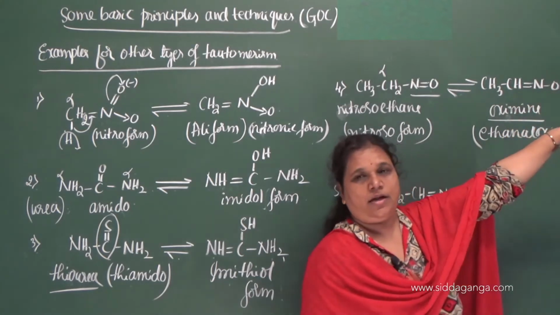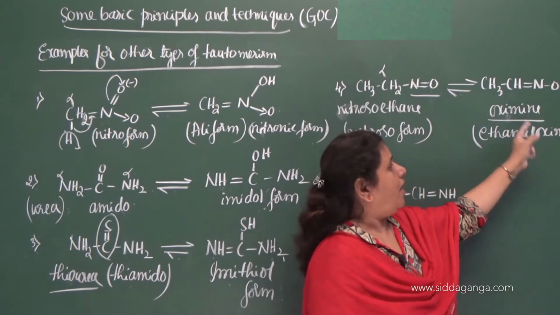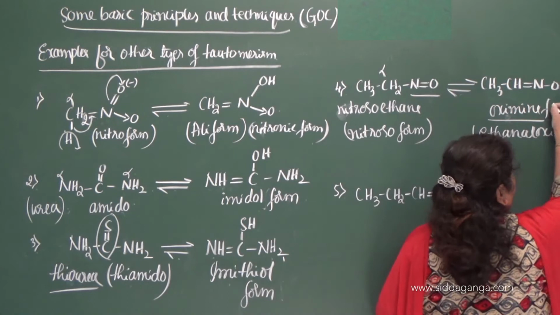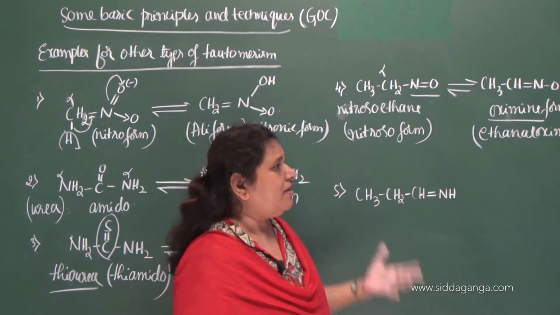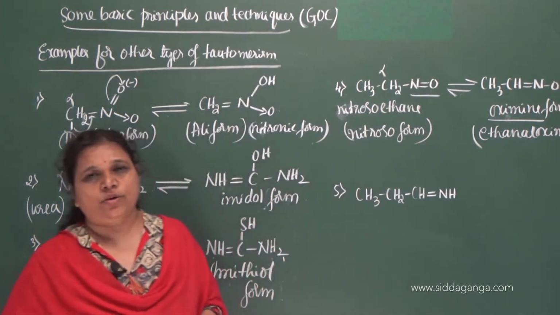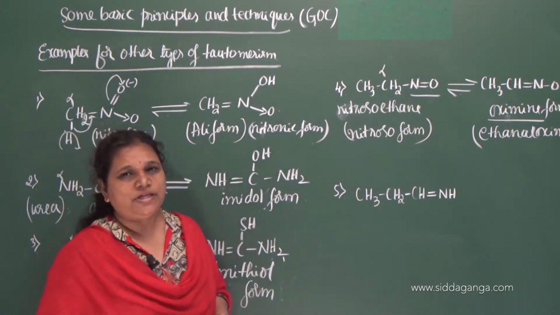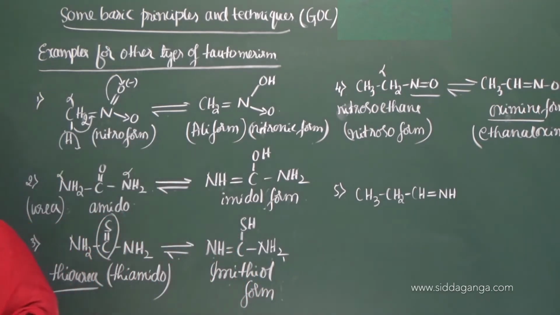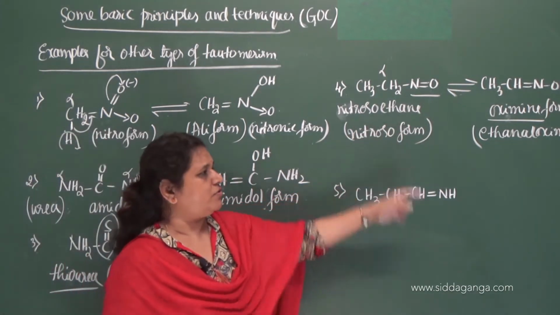Double bonded oxygen gets converted to OH, and this form is called oximine form. So nitroso and oximine form, when the N double bond O group is present, the nitroso group is present, and these are the tautomers of nitrosoethane. So these two forms.